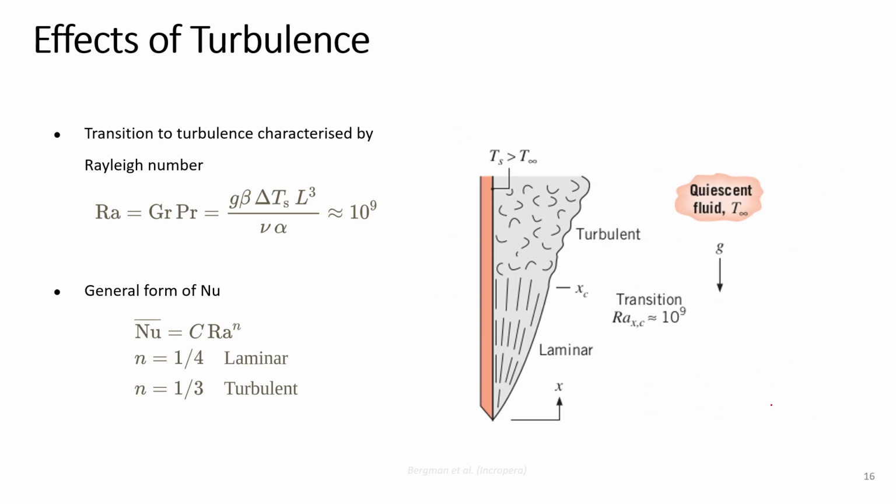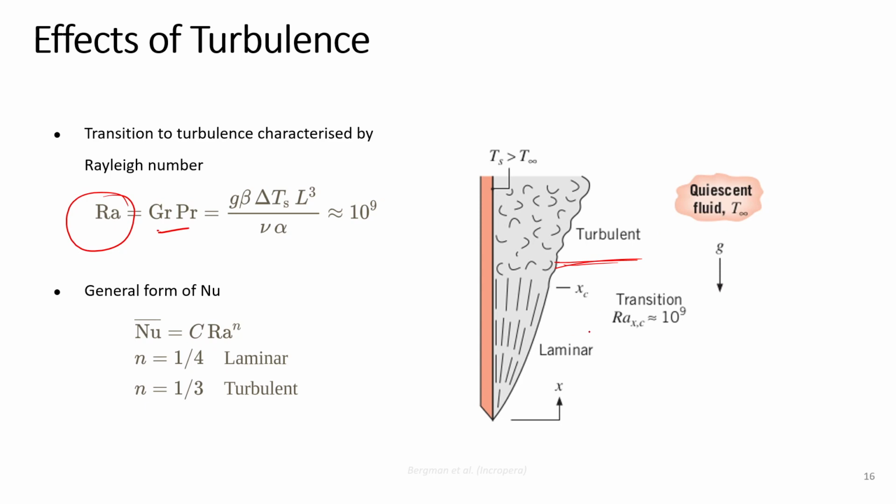In order to characterize whether we are transitioning from laminar to turbulent flow in free convection, we define the dimensionless Rayleigh number, that is the Grashof number times the Prandtl number. If that number is higher than 10⁹, we can say that we are transitioning into turbulent flow.